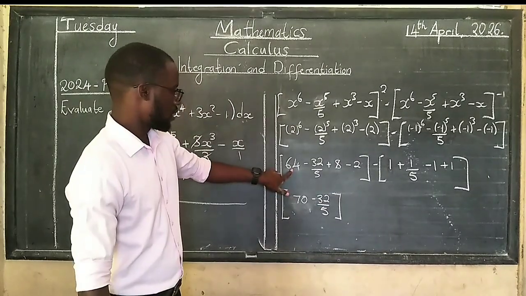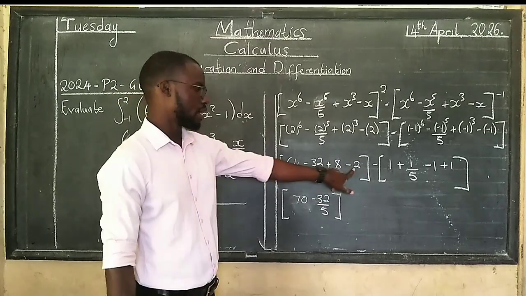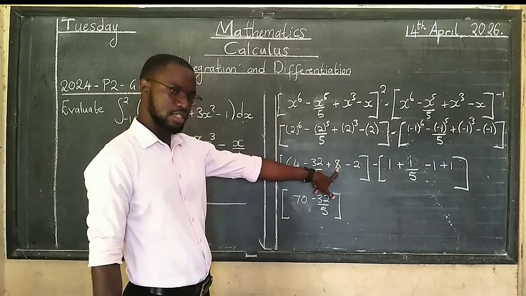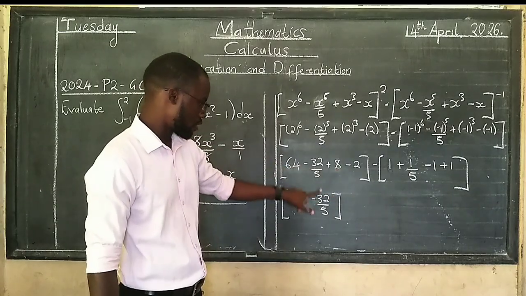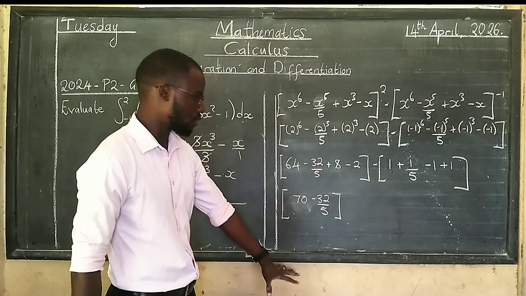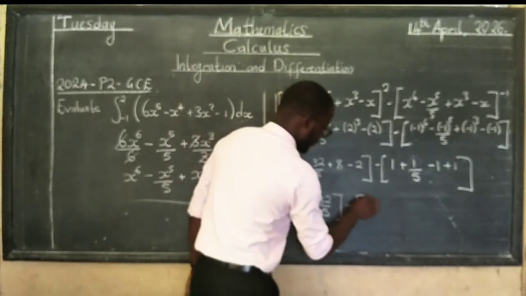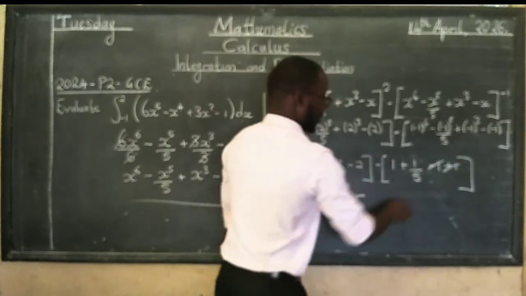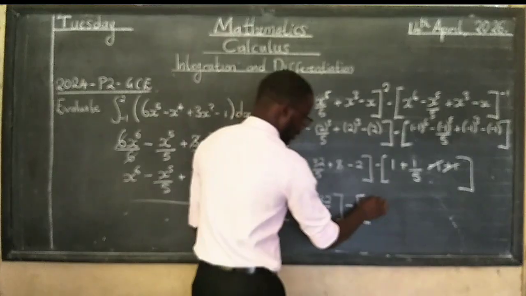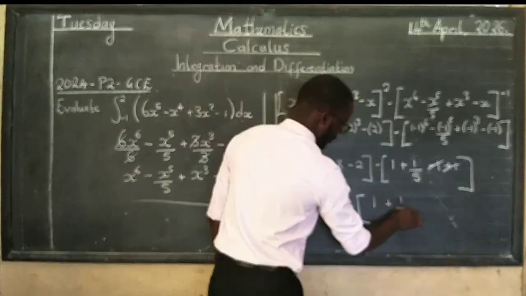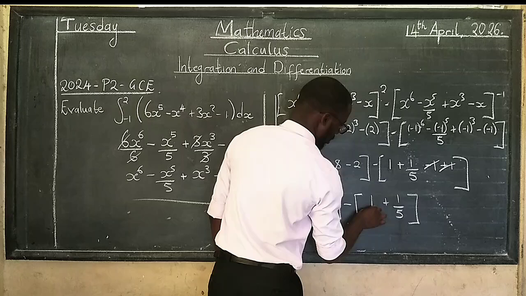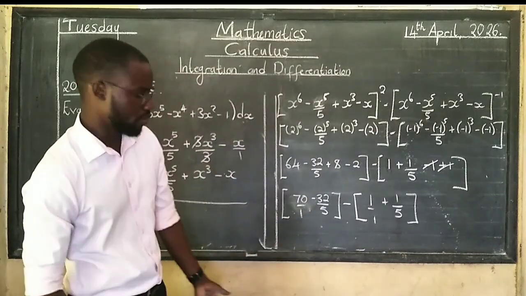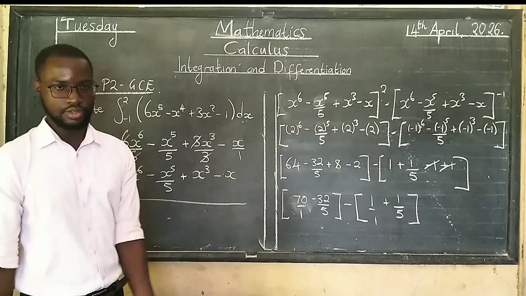So I've just done 64 minus 2 will give us 62 plus 8, 70. Then we have this fraction there. We can work it out there. And here positive 1 and negative 1, they just die together. Then here I have 1 plus 1 over 5. And I do this, and do this. You can finish it from there. It's very easy from there.